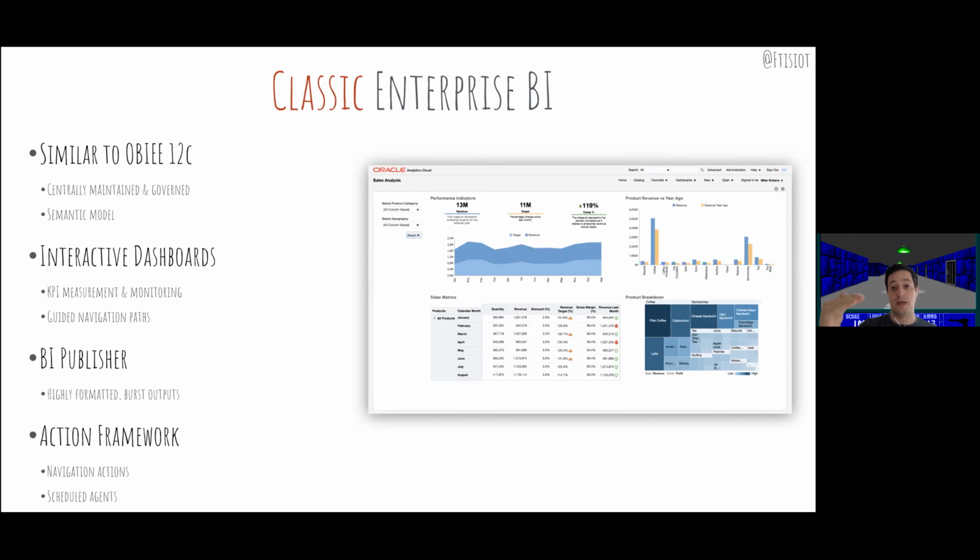The dashboards can be interactive, so you can add prompts, you can add navigations, you can have agents that are scheduled and can deliver, for example, the same report to an email every day at 8 a.m. And then you also have BI Publisher, which provides pixel perfect reporting on top of whatever content you expose via OBIEE.